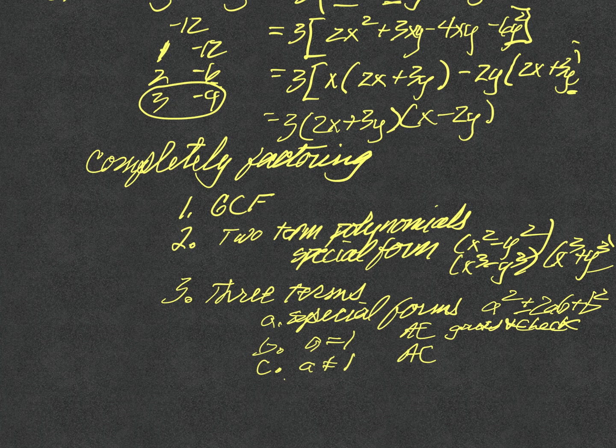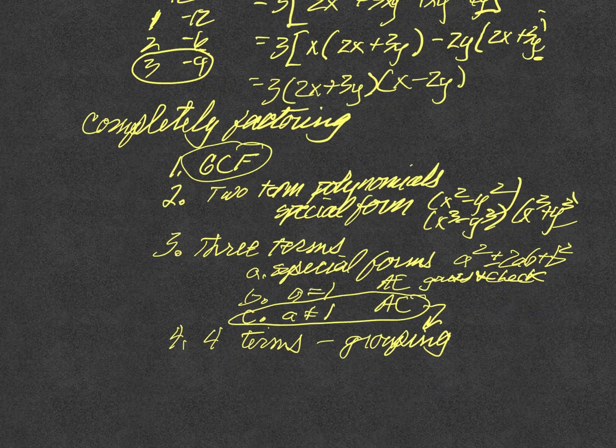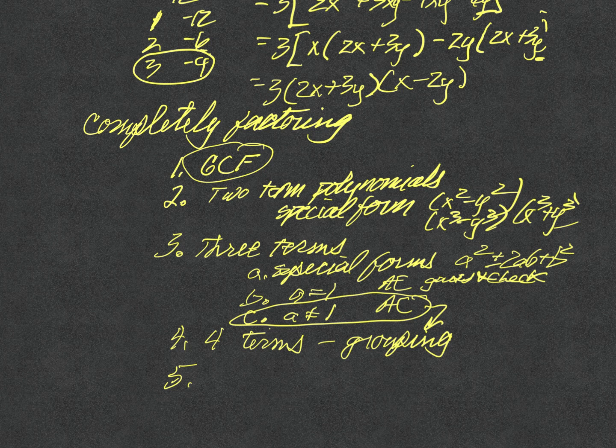Oh yeah, and then the fourth thing is four terms. Which we do by grouping methods. And you'll notice that what we do with these AC problems is we turn them into grouping problems, because grouping problems are just greatest common factor problems. And then the other thing you do is you always check. Always re-multiply to make sure you get what you started with.